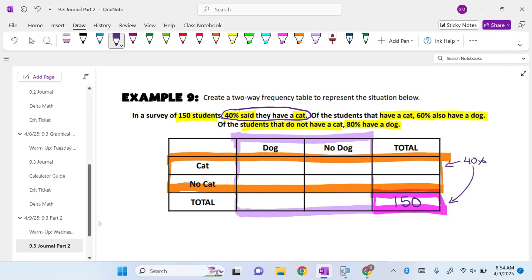What's 40% as a decimal? 0.4. So we would multiply 150 by 0.4 to find out what 40% of 150 is. So 40% is 0.4 as a decimal. So to find 40% of 150, I would do 0.4 times 150, which is what? You put that in your calculator, what do you get?